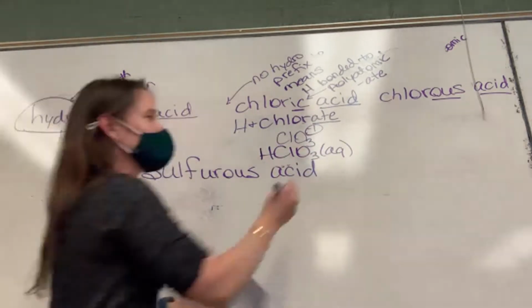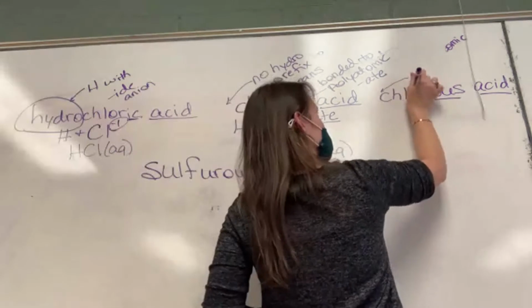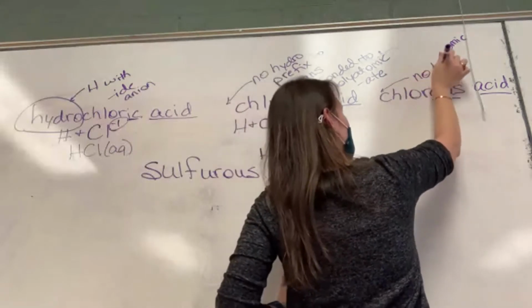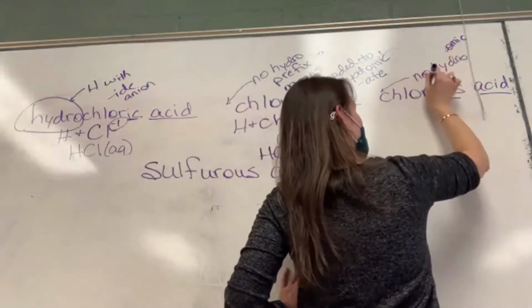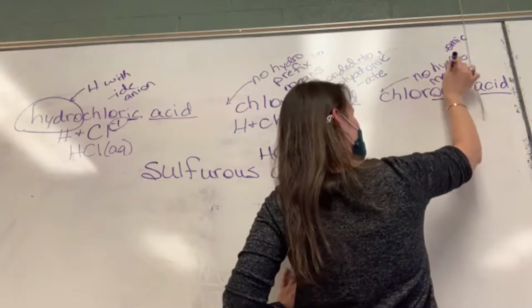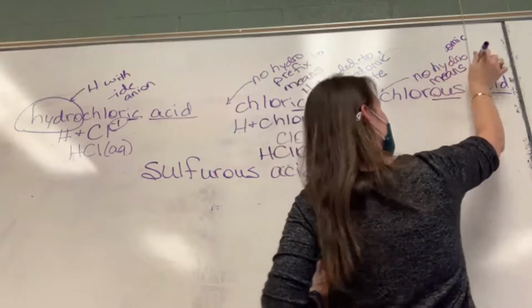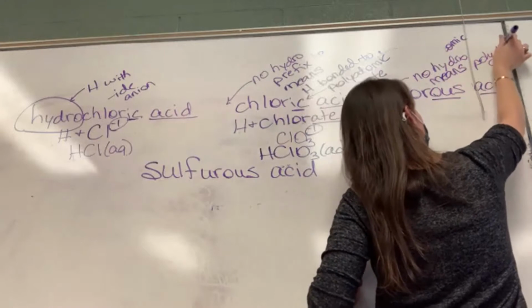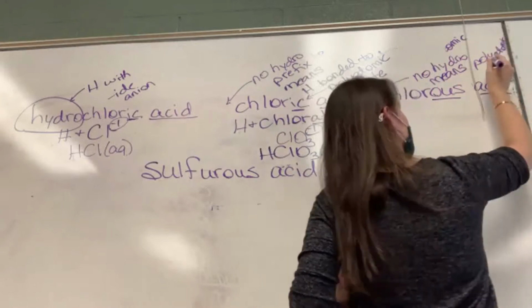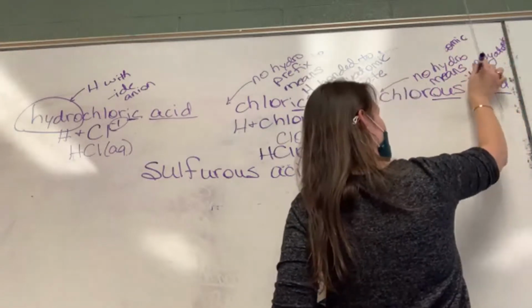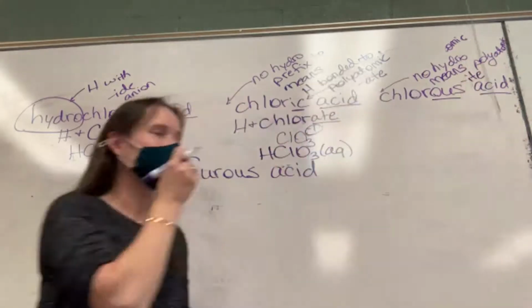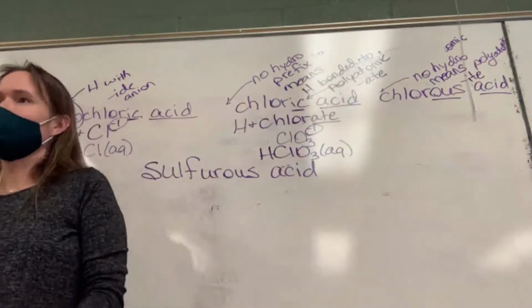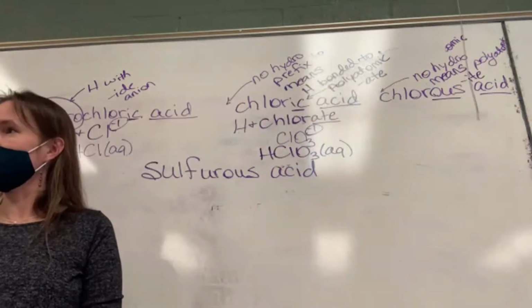Okay. This one has no hydro. And so that means it's polyatomic. But it's the ite ion. It means that the polyatomic ite ion is bonded to hydrogen.